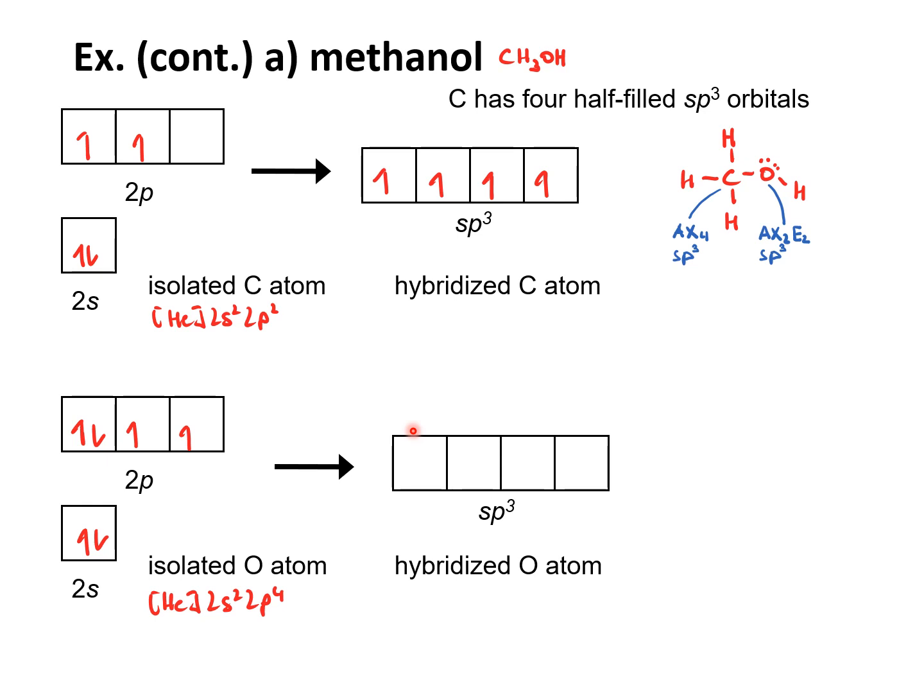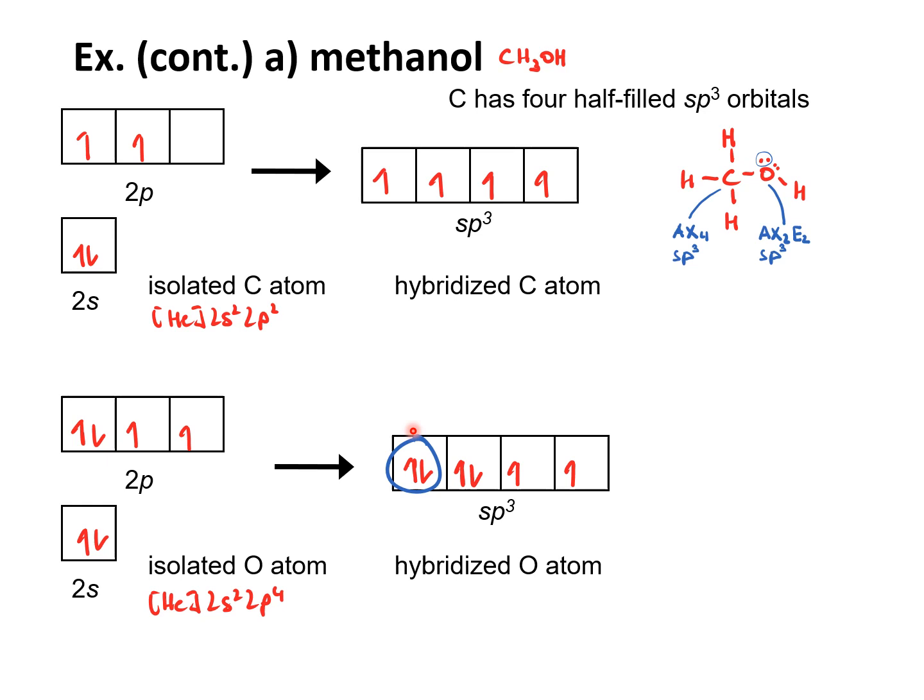And then the valence electrons will be placed in the hybridized orbitals as shown here, where the first electron goes in one sp3 hybridized orbital, second electron in a different sp3 hybridized orbital, third electron, again, a different sp3, fourth electron goes in the fourth sp3 hybridized orbital. The fifth electron goes in the first sp3 hybridized orbital, but is placed spin down. And the sixth electron is also placed spin down in the second sp3 hybridized orbital.